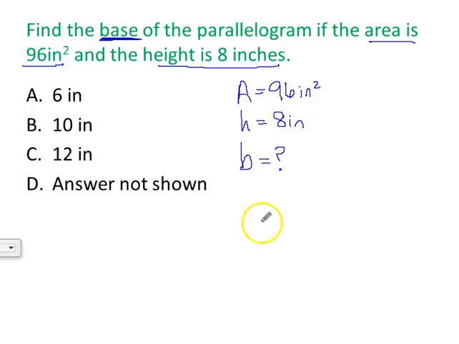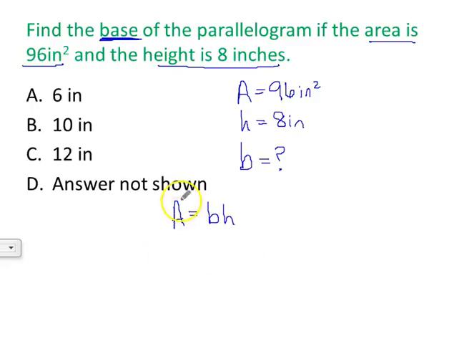We don't know the base. So let's use the formula for area of a parallelogram. Area equals base times height. And let's plug in the information we know and what we're trying to find. Let's just leave it as b. It already has a variable.